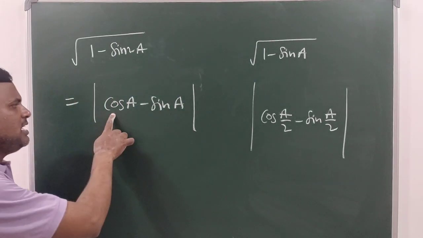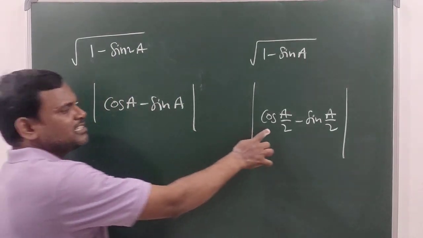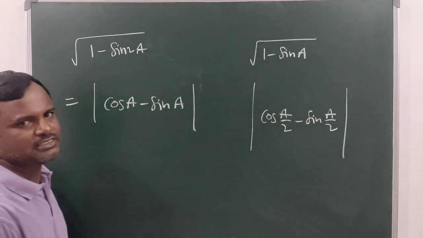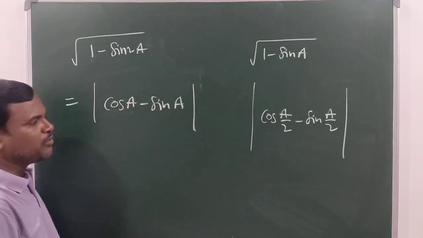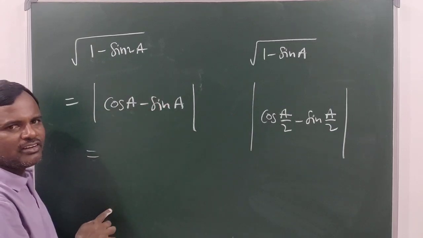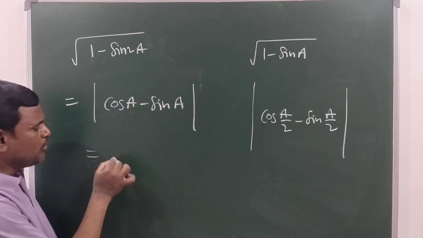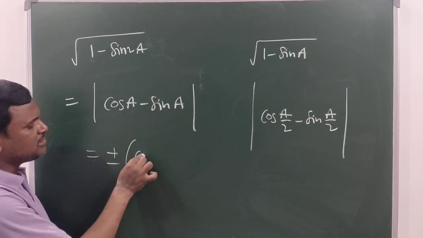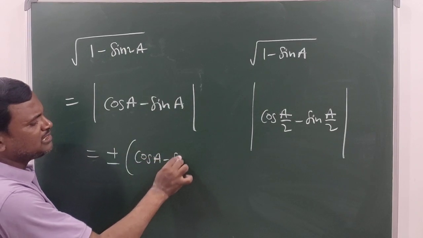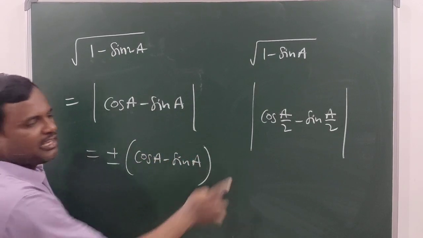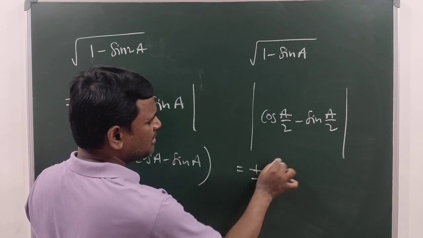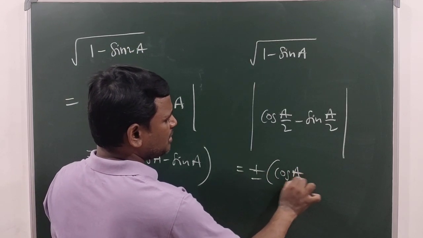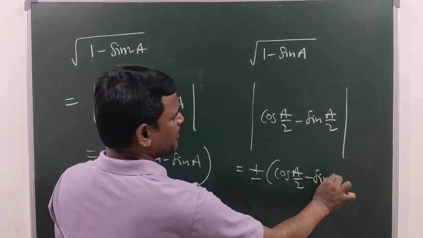Okay. This is C, this is S. C minus S, sorry. Okay, here angle is A, there angle is A by 2. When you open it, again, what you people have to do? You have to take plus or minus cos A minus sin A. Here also, when you remove this modulus symbol, you have to take plus or minus cos A by 2 minus sin A by 2.